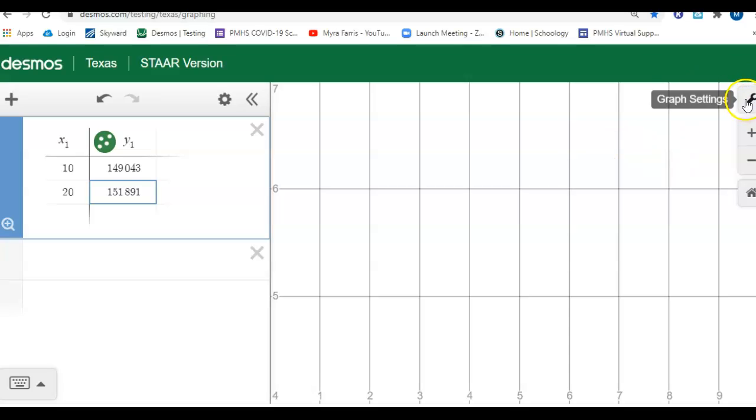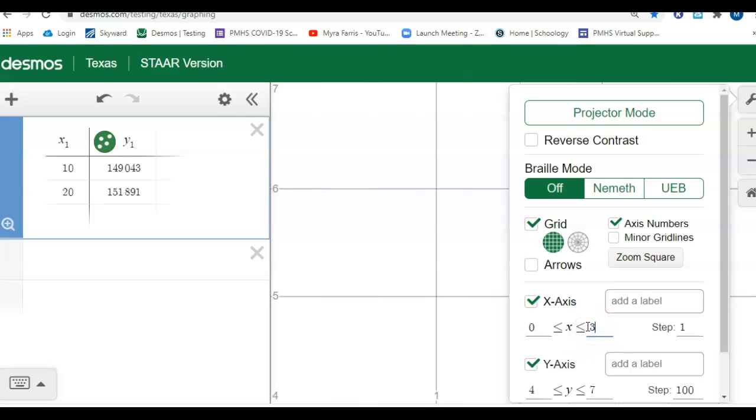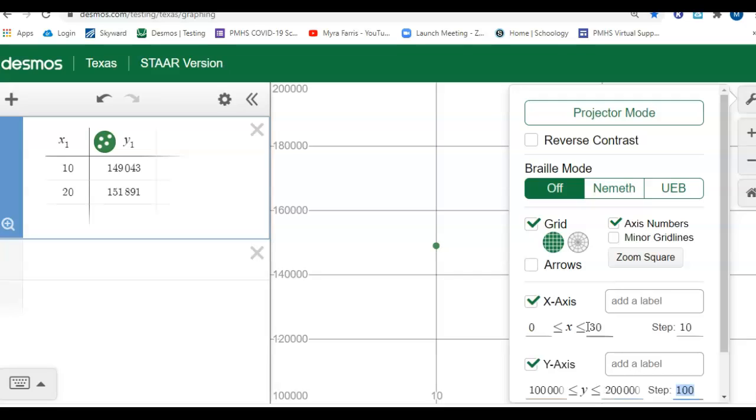If I'm going to look at my data points, I am going to have to change my table, and the Y is what's got to change. It's got to be 100,000 to 200,000.